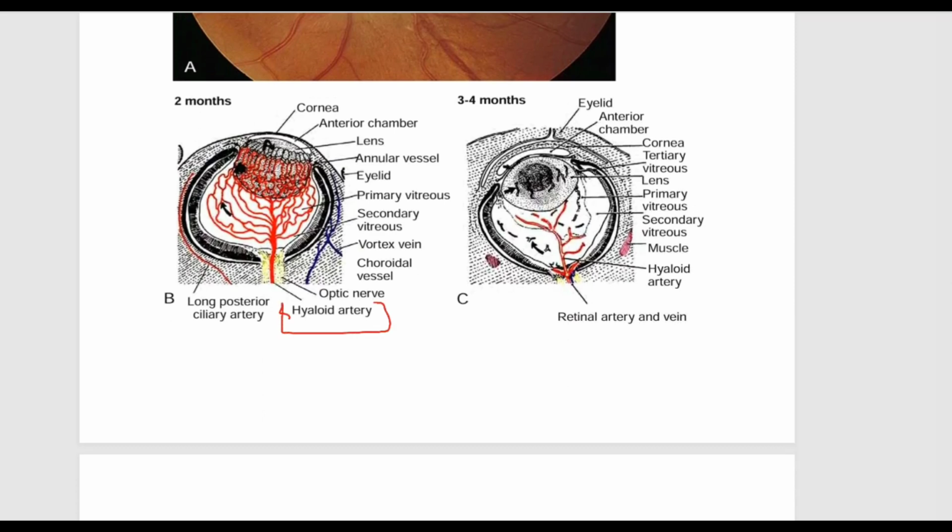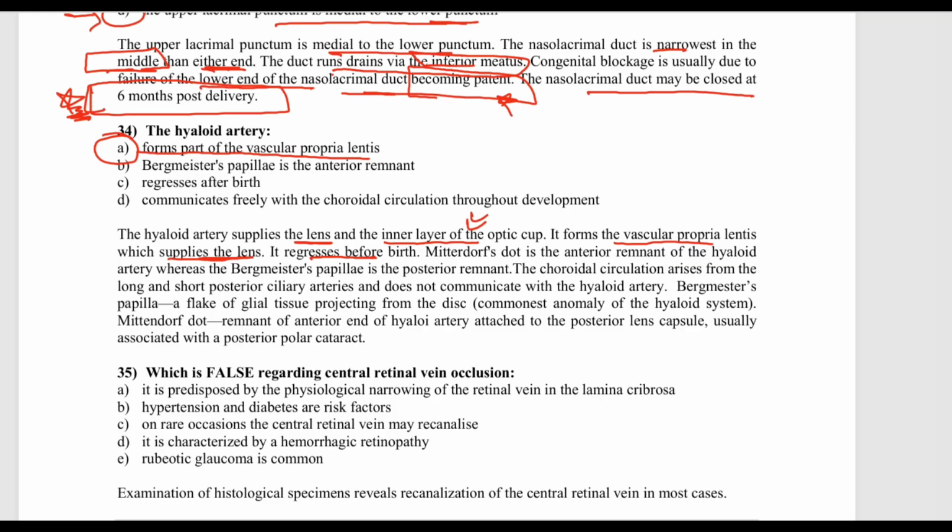Look here, this is the hyaloid artery going and supplying the lens. Another image shows the hyaloid artery forming the vascular structure and supplying the lens. So it regresses before birth. This is very important.